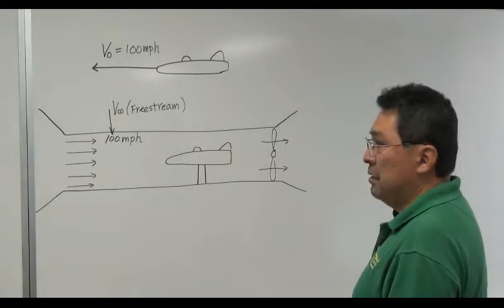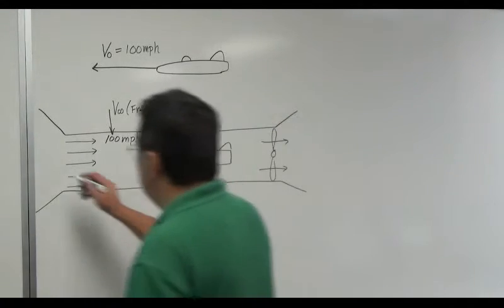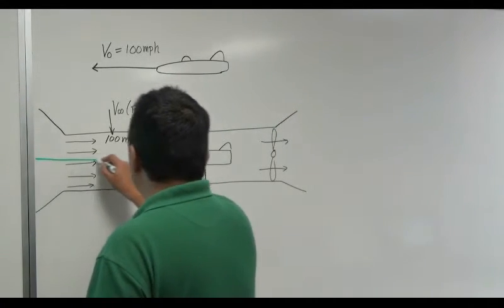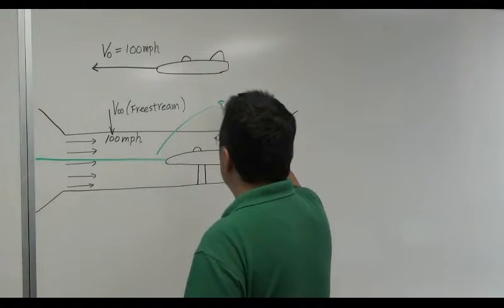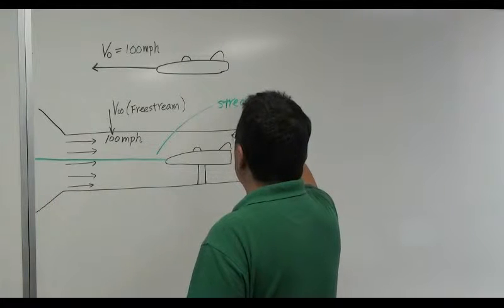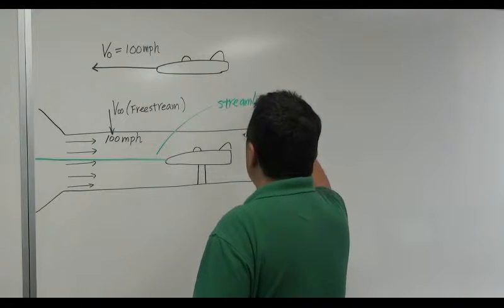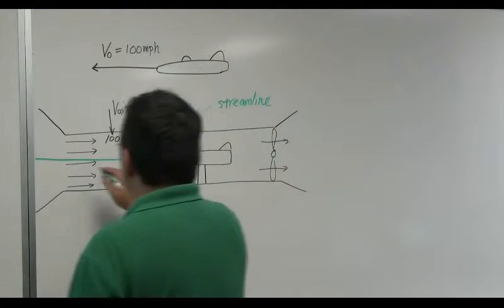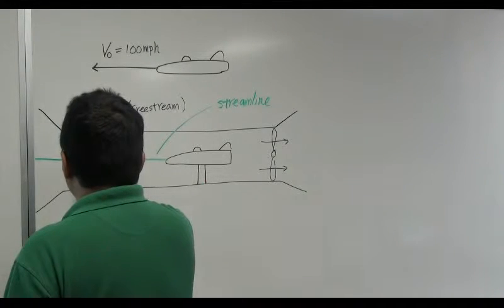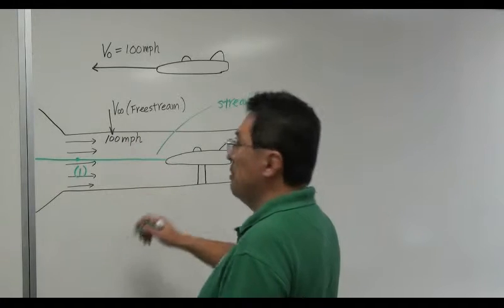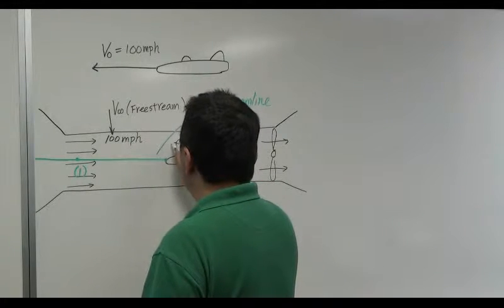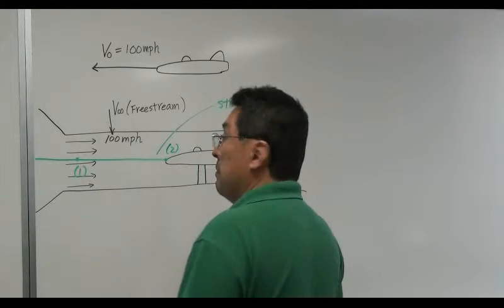So the question is, first of all, I'm going to define a particular streamline. Then along this streamline, you're going to set up two locations. Location 1, which is the location of the incoming free stream. Location 2 here, the stagnation point. Okay.